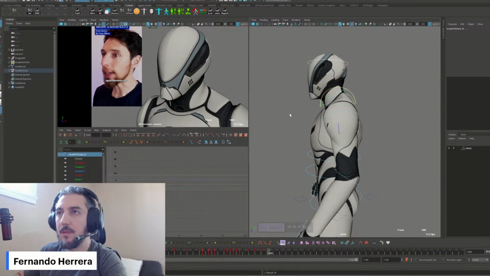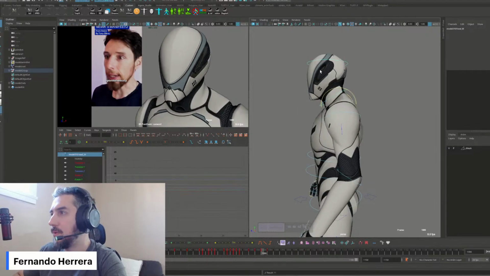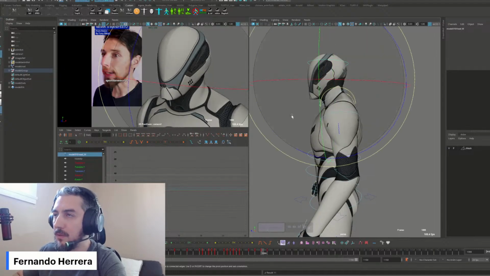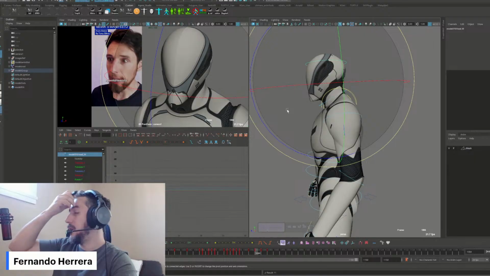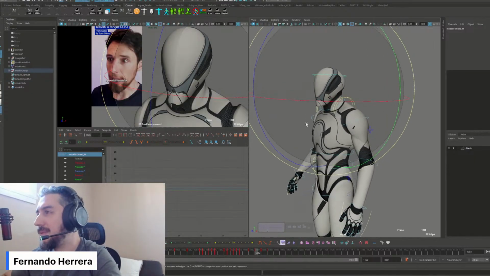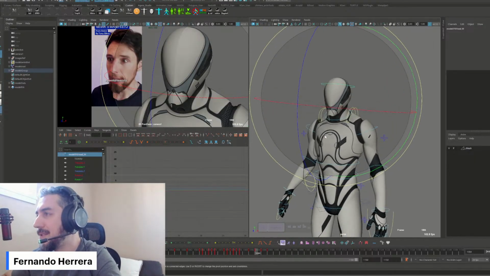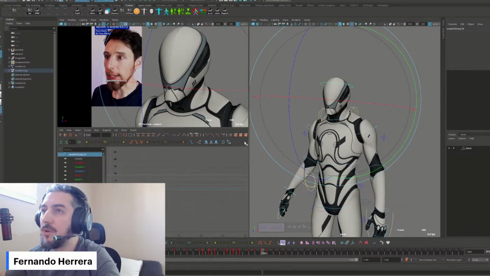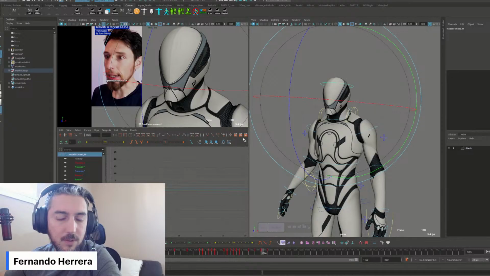There's something to be said about what Subha was asking there: how would you go about using this for more like a feature animation or cartoony style? For example, if I was going to animate something more like Pixar Disney style, which is more stylized than this, and you're unsure, you can still do a matching pass like this and spend a couple of hours, which is pretty much what we're doing here.